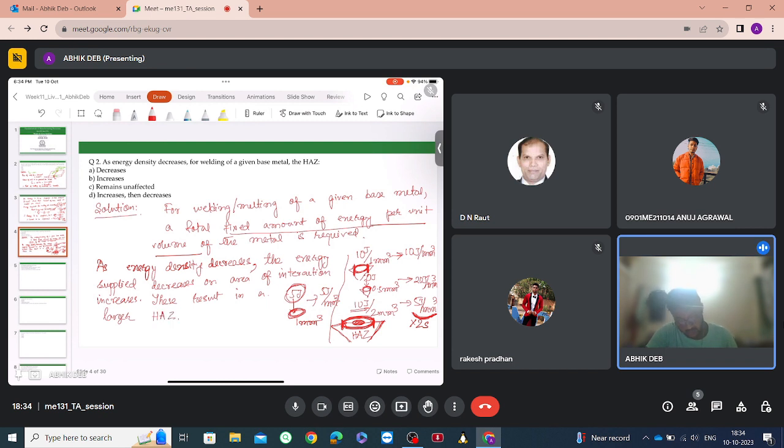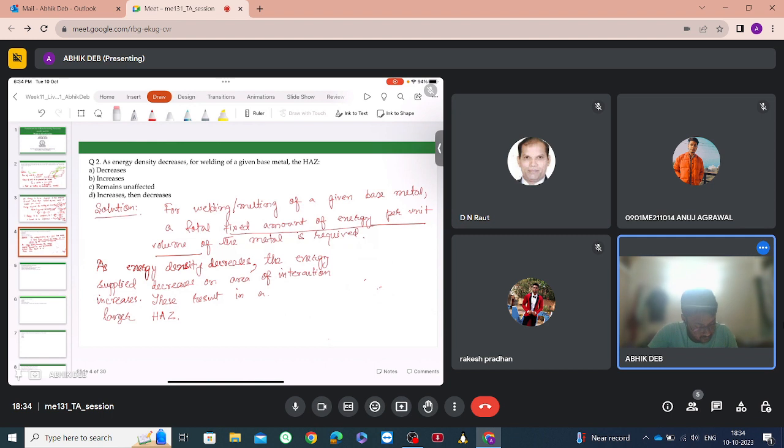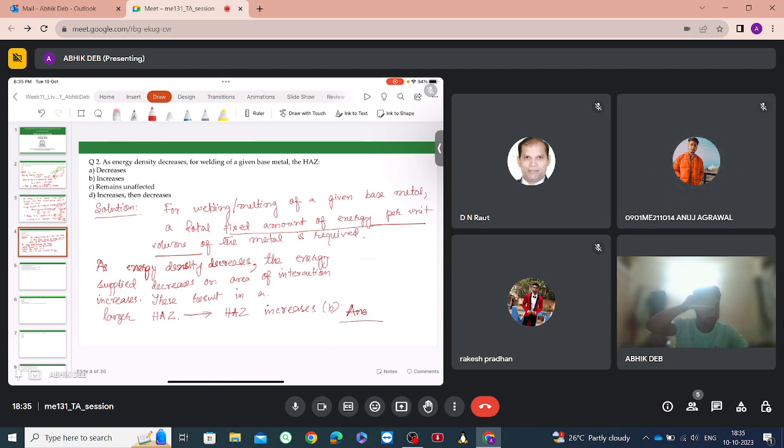So as the energy density decreases, the heat affected zone increases. Okay, so is it clear to everybody? Yes, sir. Okay, then let us move on to the next problem.